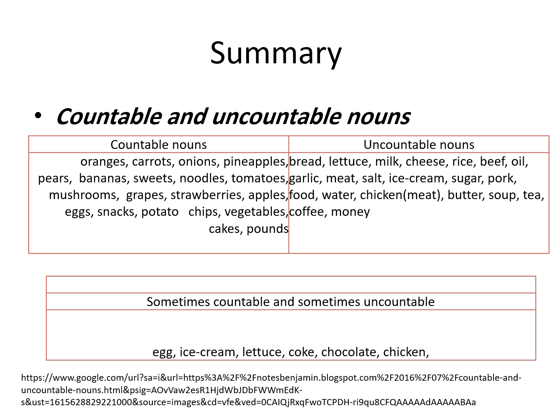As you can see here, there are countable nouns like oranges, carrots, onions, and so on, and uncountable nouns: bread, milk, ice cream.